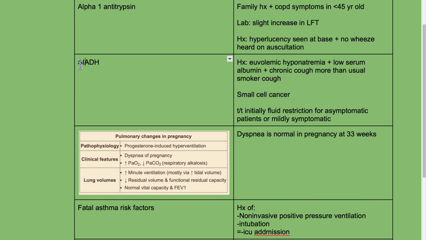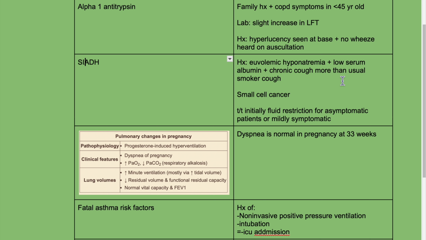All right. SIADH, inappropriate secretion of ADH. Labs will show euvolemic hyponatremia, low serum osmolality, and chronic cough more than the usual smoker cough.